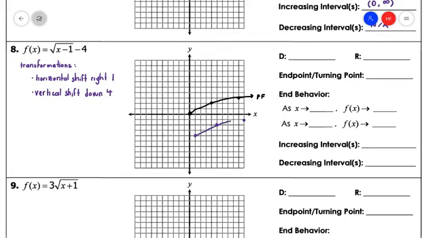And then connect them. And again, that's like if we could pick up the parent function and just move it right 1 and down 4.